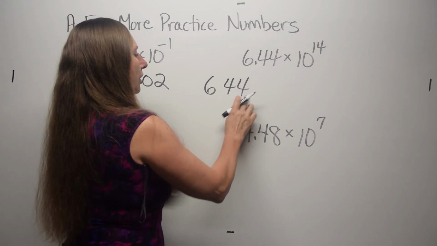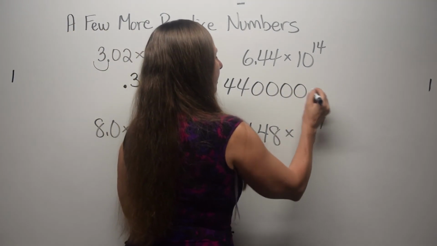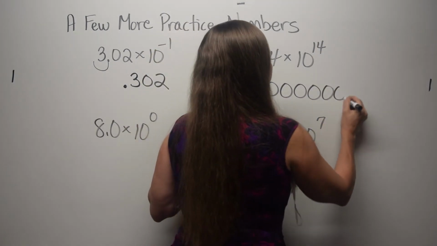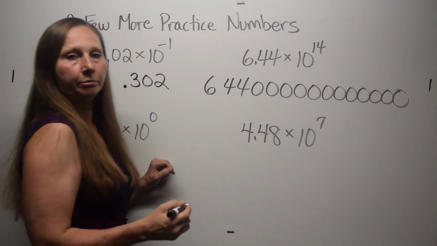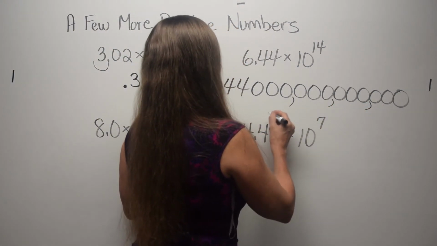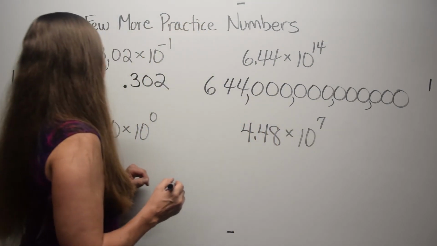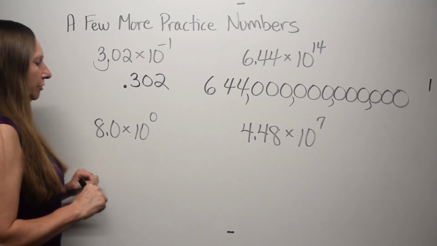All right, that's 2 jumps. And then 3, 4, 5, 6, 7, 8, 9, 10, 11, 12, 13, 14 jumps. All right, so we would put a comma there, and a comma there, and a comma there, and a comma there. Okay, so that would be that number in decimal form.